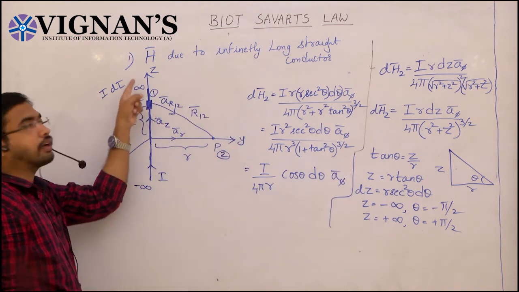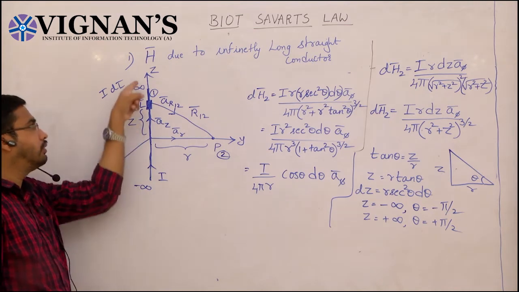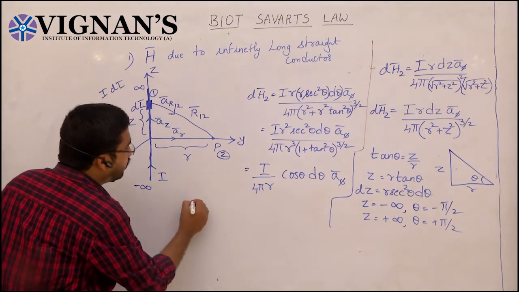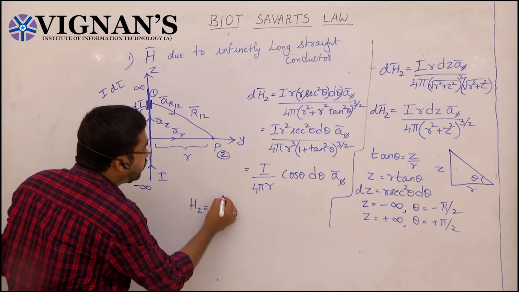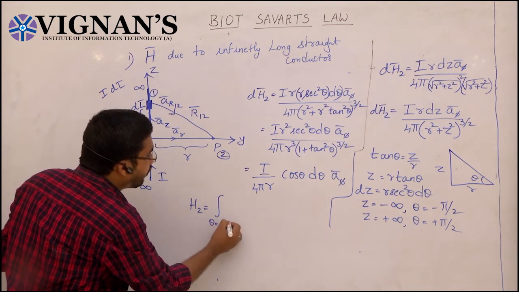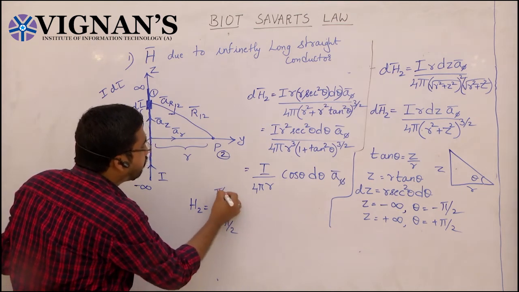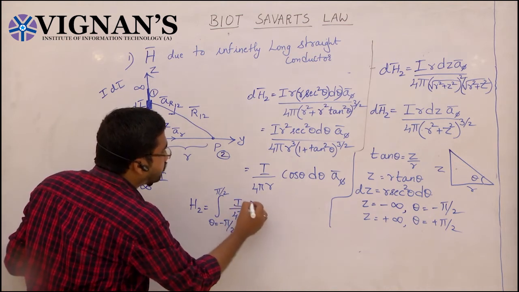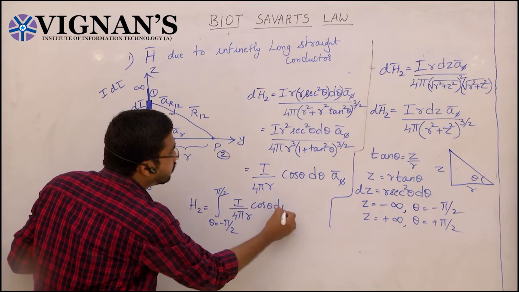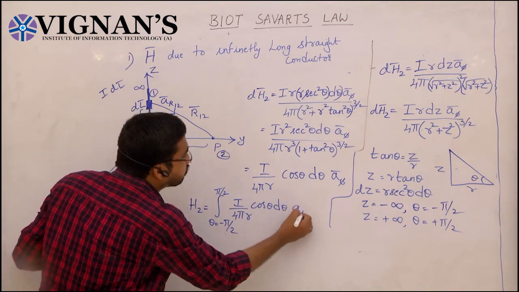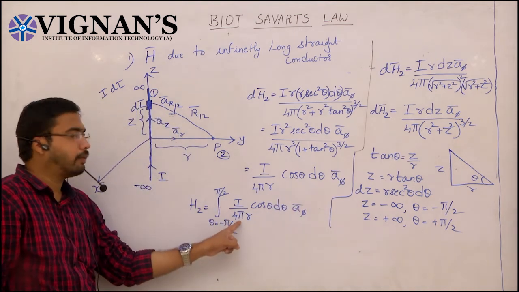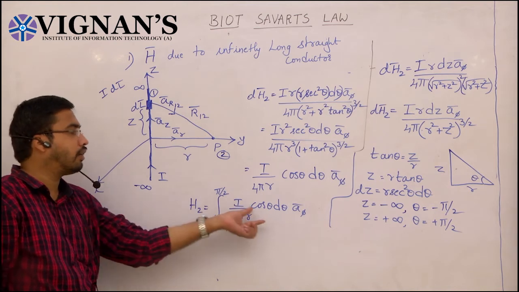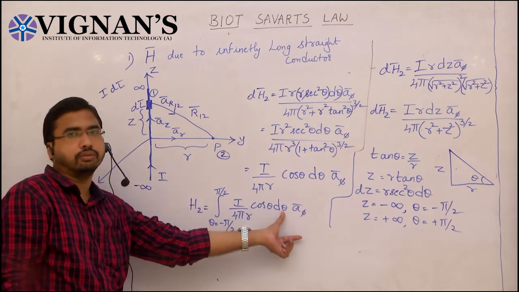But if you want to find the complete magnetic field intensity due to this complete length, then that is H2 equal to integral, theta limits are from minus pi by 2 to plus pi by 2, I by 4 pi r integral cos theta d theta a phi. So here I by 4 pi r is constant, only integral cos theta d theta you need to do.